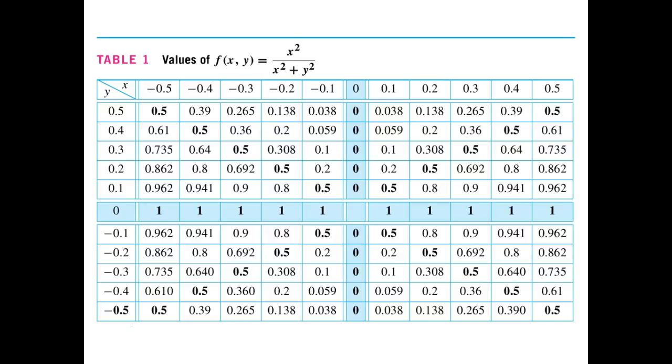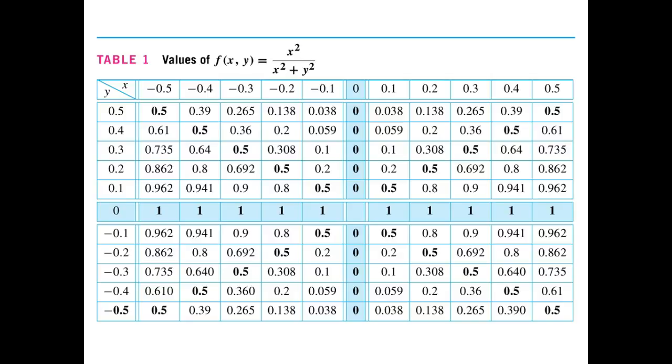Now, you try other things like x equals y. That would be the diagonal values here. So when x is equal to y, this would be 2x squared down here and an x squared up here. That's 1 over 2. So 0.5 are your values on the diagonal, okay?